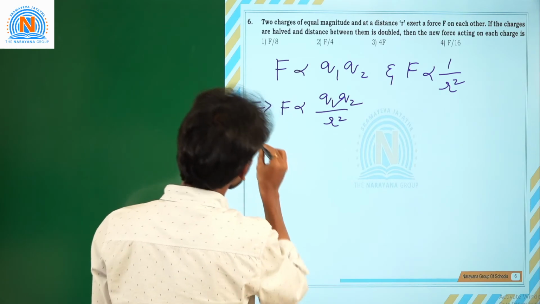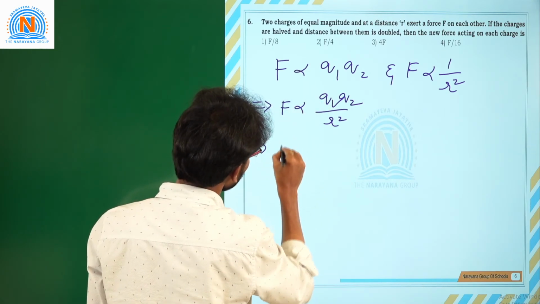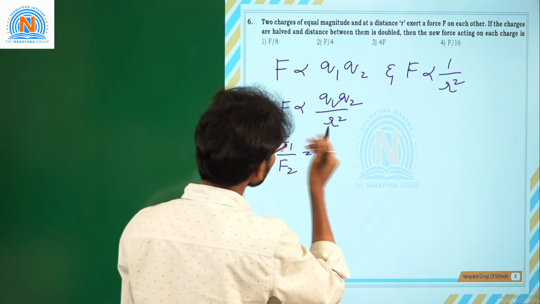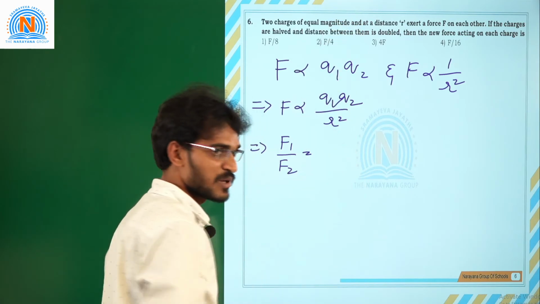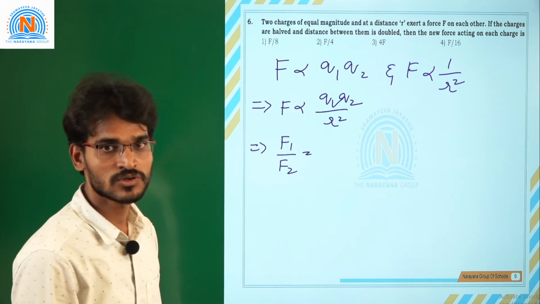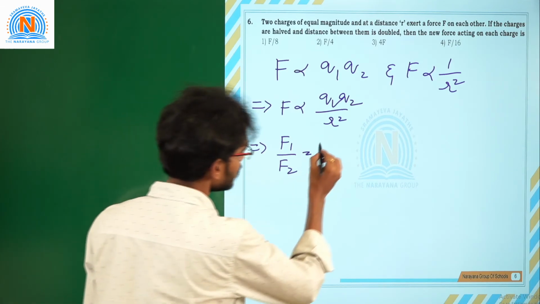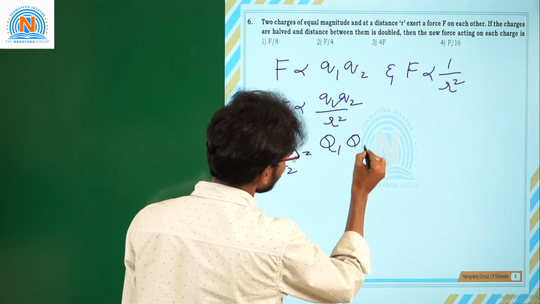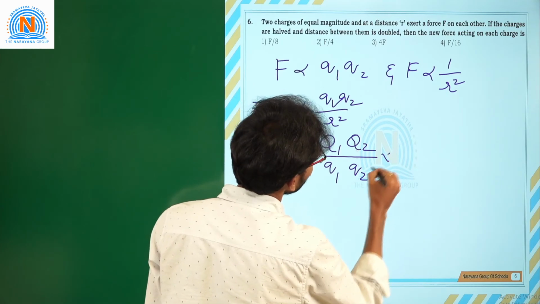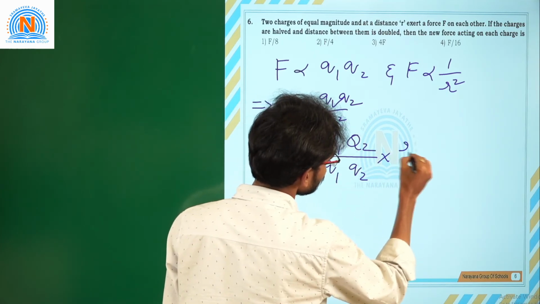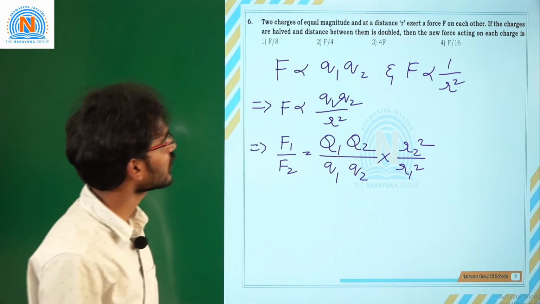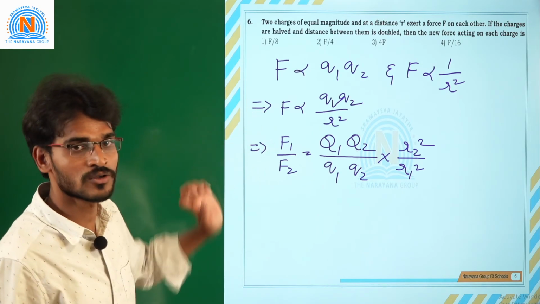Now I write this for two conditions: F1 by F2 is equal to, naming the two charges capital Q1 and capital Q2, and the halved charges small q1 and small q2, capital Q1 capital Q2 by small q1 small q2, into r2 square by r1 square. This is the formula to find the relation between F1 and F2.